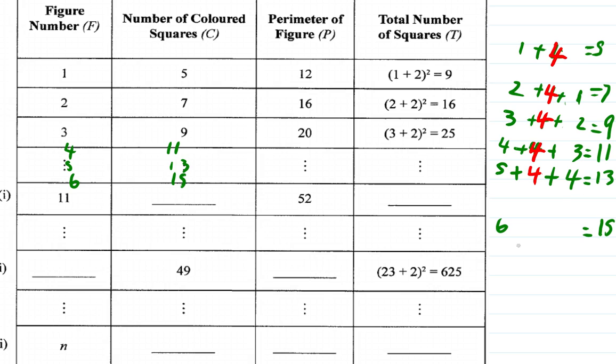If you go to this 6 now, let's move this here and this here. Now, if you say 6 plus 4, then you say plus 5. 6 and 4, 10, and 5, 15. It seems as if this is working out.